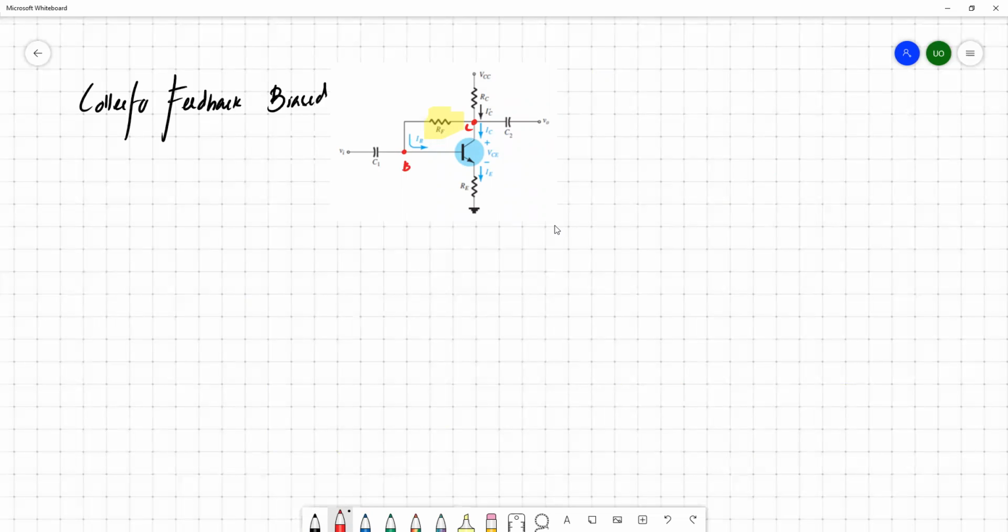So again, if you apply Kirchhoff voltage law for these two circuits, let's consider this input circuit.